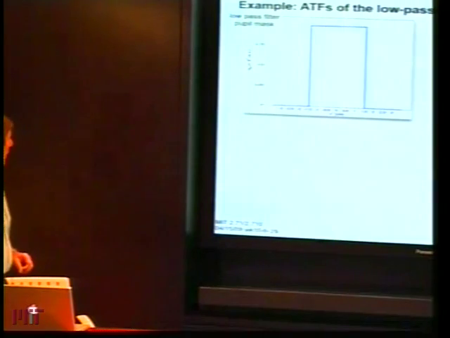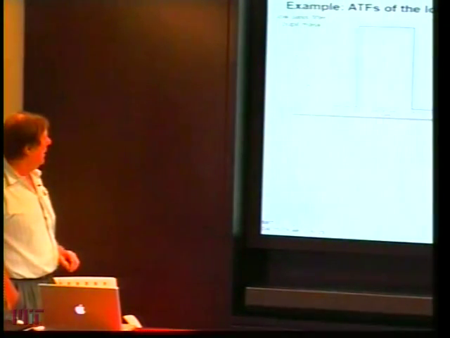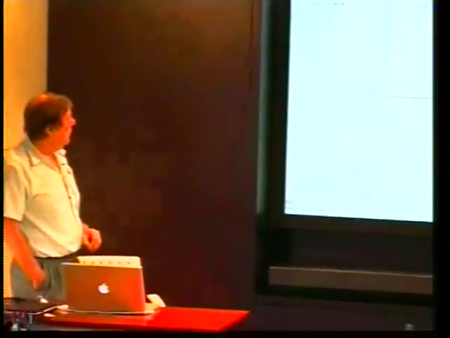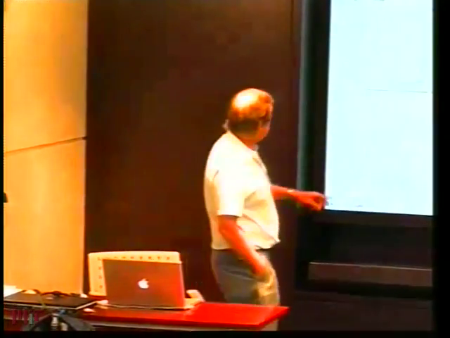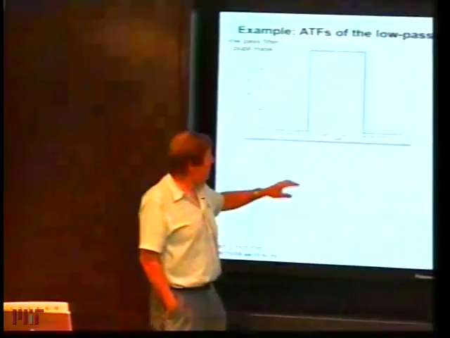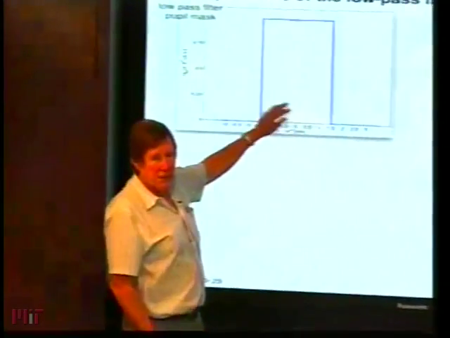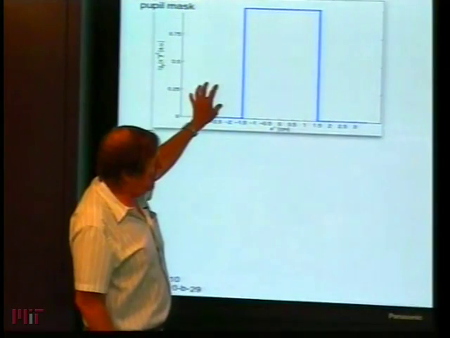Okay, so let's look at these examples we said again. These are two pupil masks that we looked at before. The first one is just a low-pass filter. It lets through the low spatial frequencies, doesn't let through the high spatial frequencies.